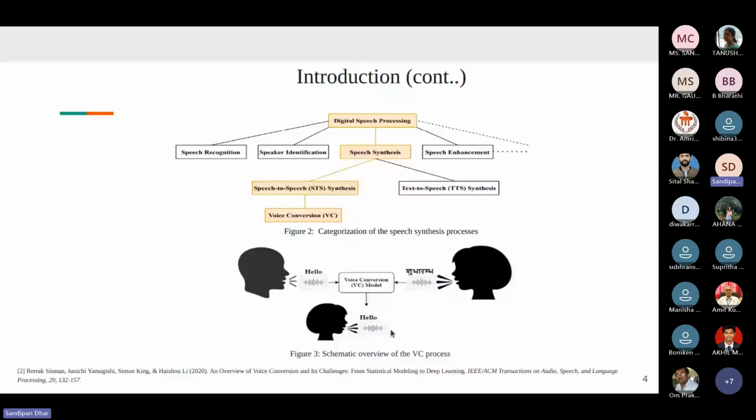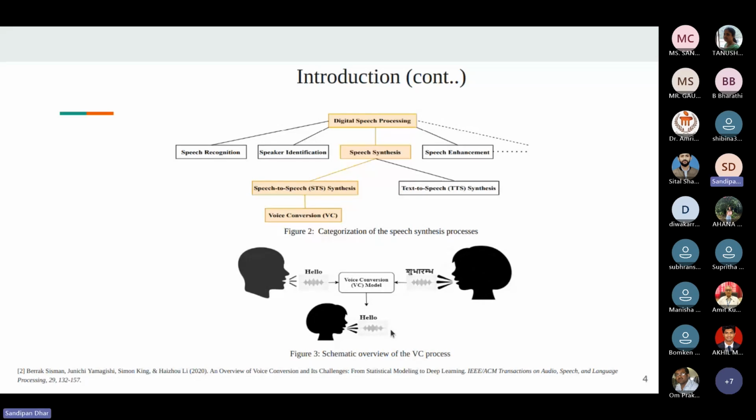Sometimes we also call it deepfake speech generation or artificial speech generation. It is a kind of style transfer task where we transfer the vocal characteristics of the target speaker over the content of the source speaker.